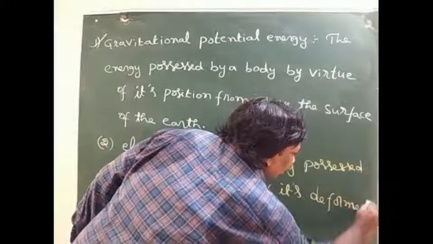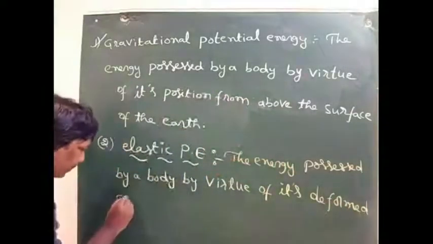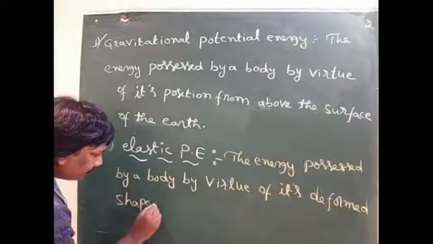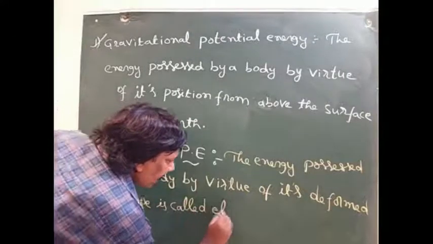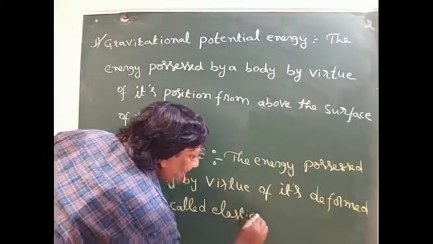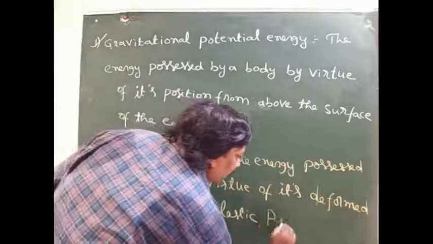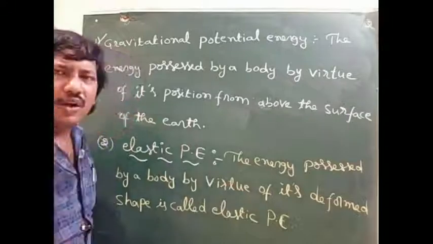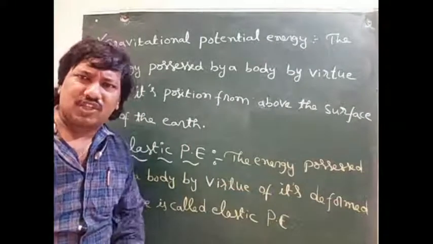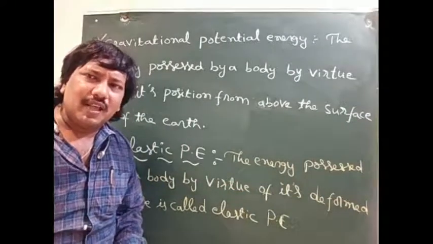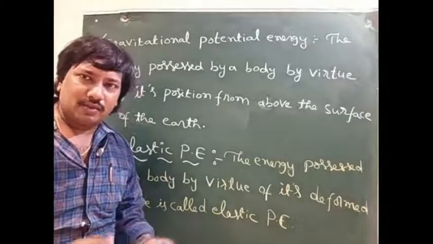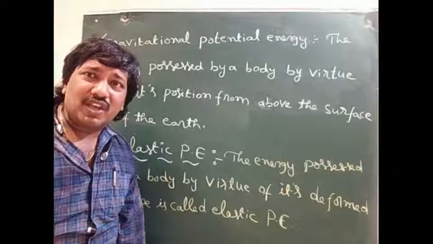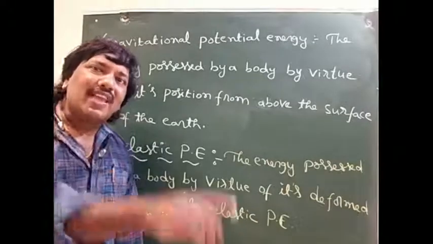What are examples of elastic potential energy? When a spring is compressed or elongated, the elastic potential energy is stored in the same spring.